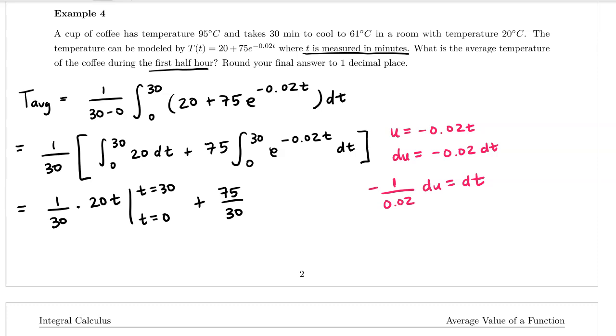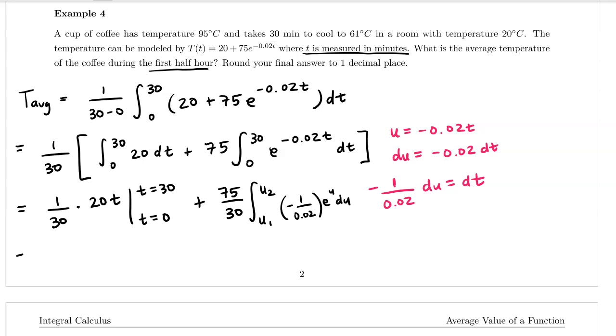So now I'm going to come back here and write my integral from u1 to u2 of negative 1 over 0.02 times e to the u du.